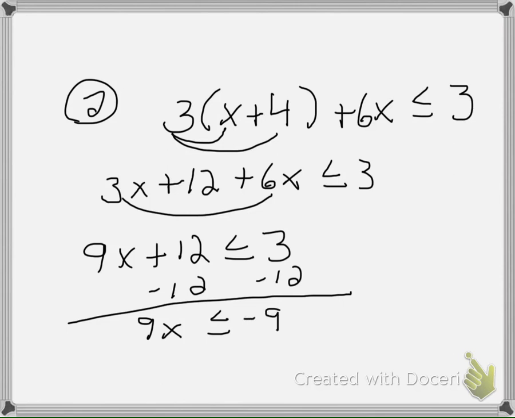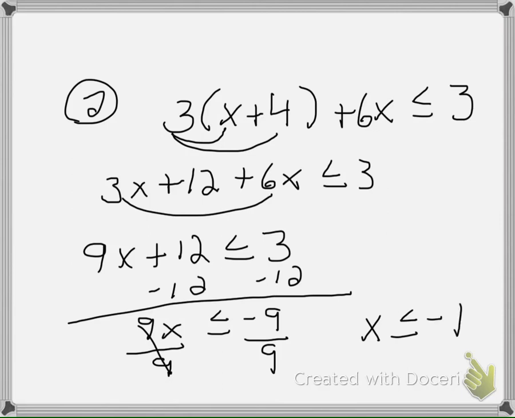Another one that's going to work out perfect. To get rid of multiplying by 9, you divide by 9 on both sides. 9 divided by 9 is 1, and 1 times x is x. I'm going to copy my sign down. And -9 divided by 9 is -1.